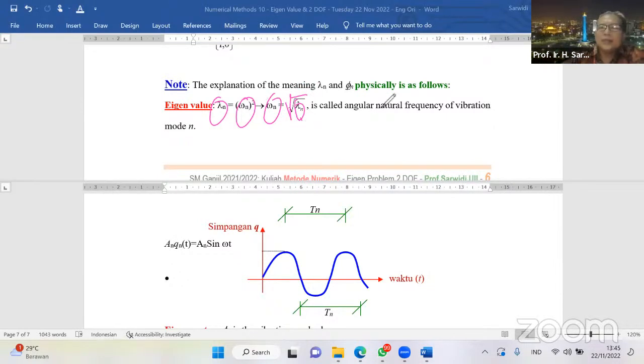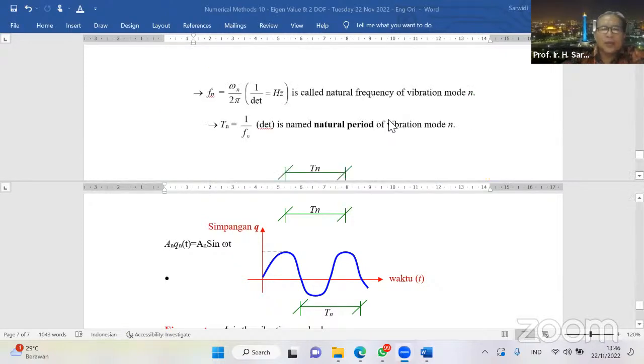Secondly, what is Fn? Fn is the frequency, the linear frequency, not the angular frequency. Here it is omega n over 2 pi. This is the formula, in hertz.